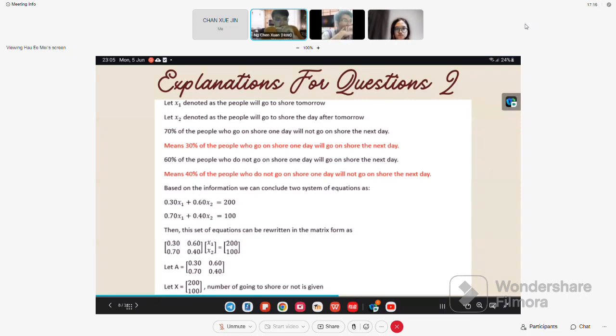This set of equations can be rewritten in matrix form as the matrix 0.3, 0.6, 0.7, 0.4 multiplied by x1, x2, equal to 200, 100. So let A be the matrix 0.3, 0.6, 0.7, 0.4, and let the X matrix be 200, 100. So next slide.